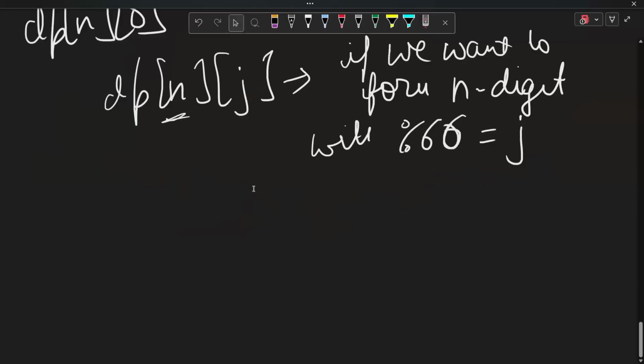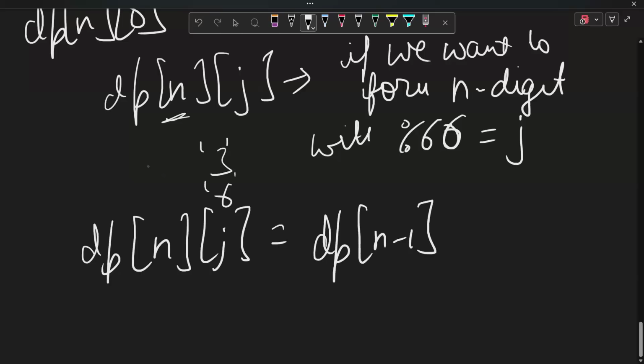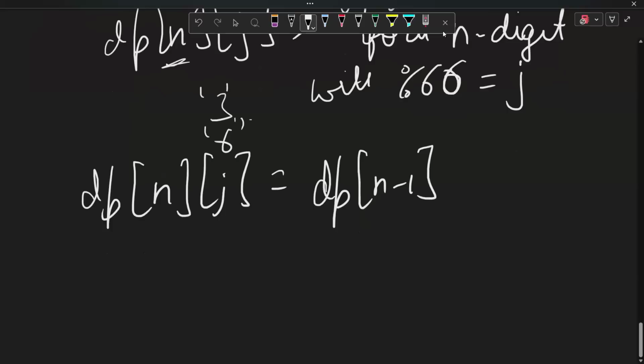Basically that's my DP state. My transition would be very simple: my DP i j would be either, if I'm going to DP i minus 1, case 1 is if I'm using a 3 here, case 2 is if I'm using a 6 here. If I use a 3 and I can reach DP of i minus 1, then I would use a 3 definitely. Otherwise, I will use a 6.